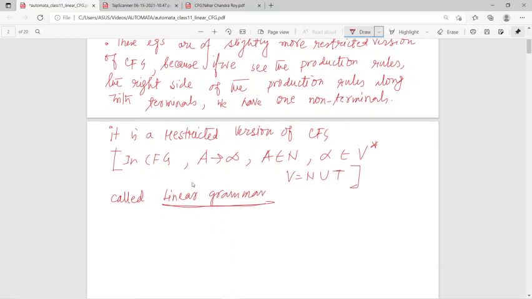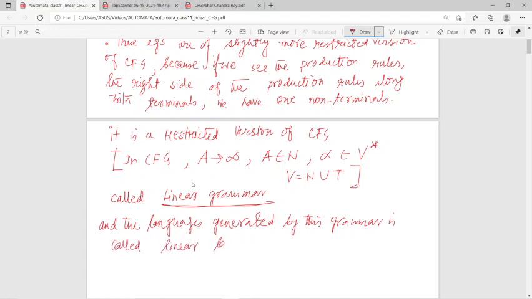And the languages generated by this grammar are called linear languages.